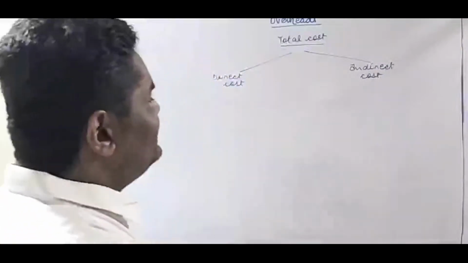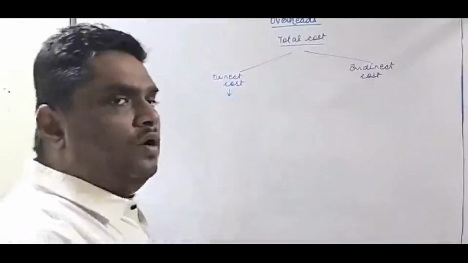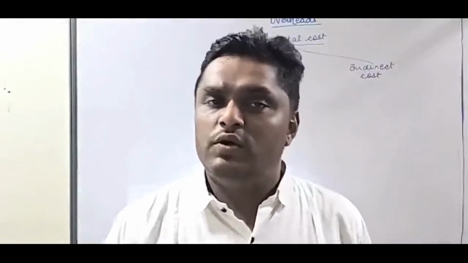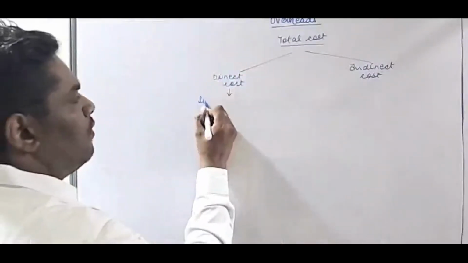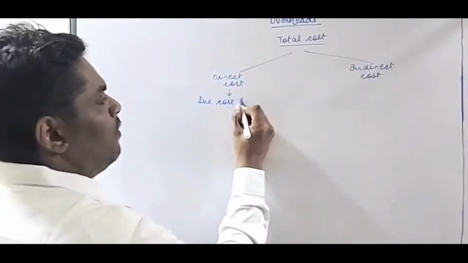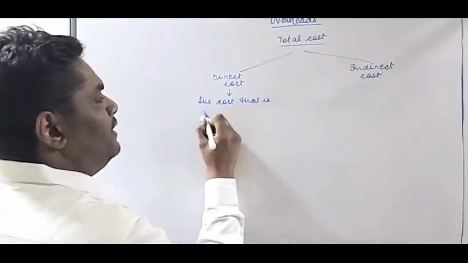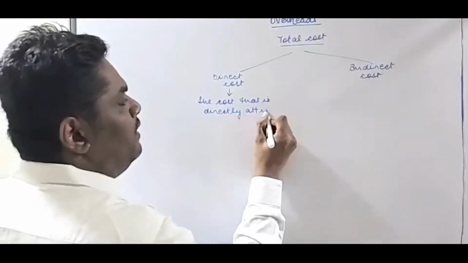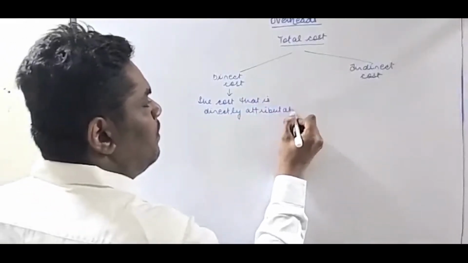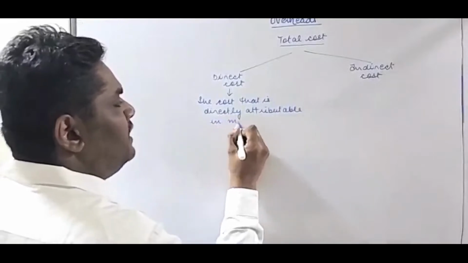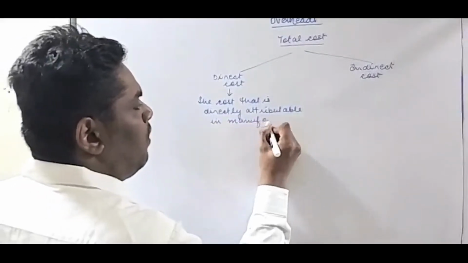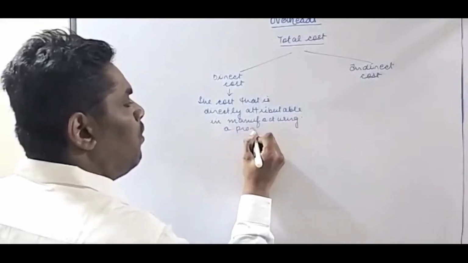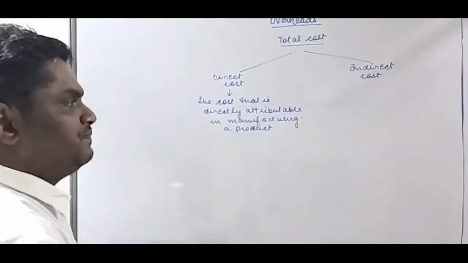What is direct cost? The cost that is directly attributable in manufacturing a product is direct cost.